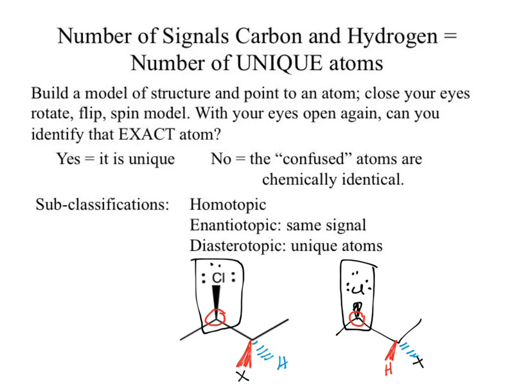I have a stereocenter. As soon as we have a stereocenter, this destroys our spectra. And depending on the quality of the magnet or the instrument that we're using, sometimes we'll be able to differentiate between those hydrogens. Why would we be able to differentiate?